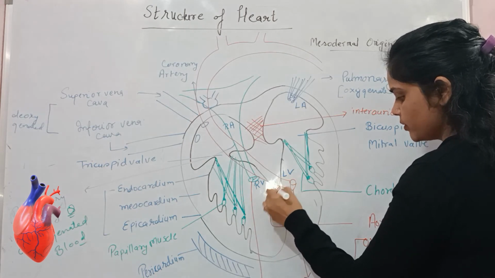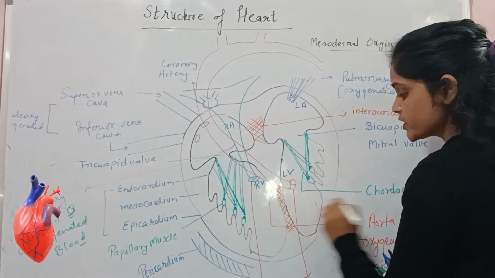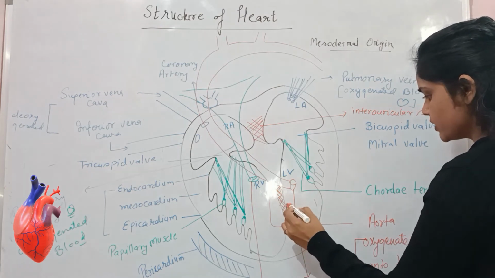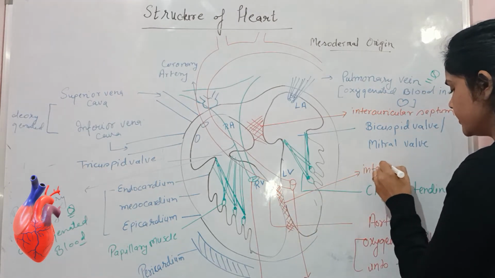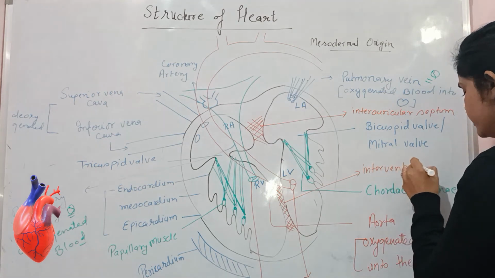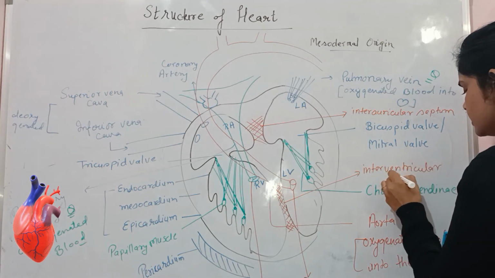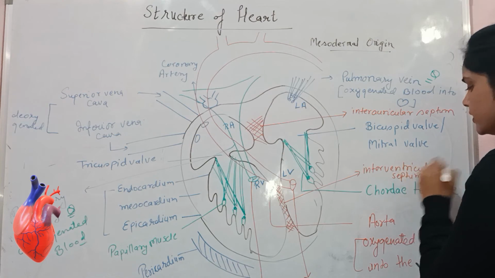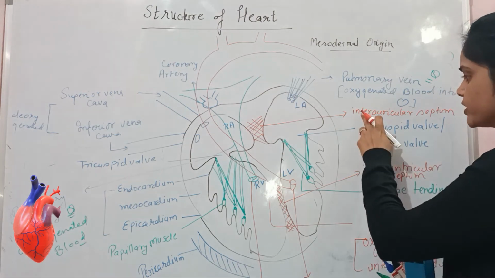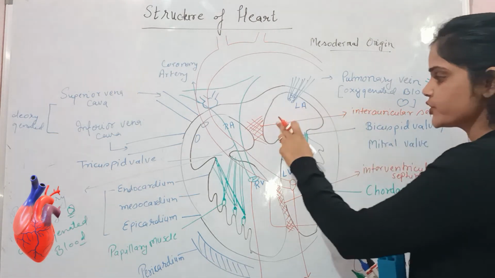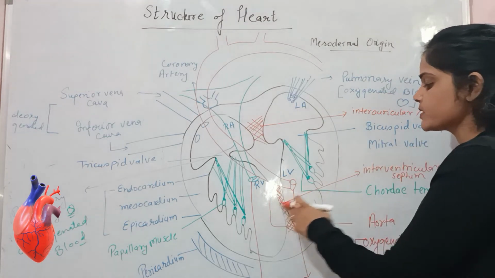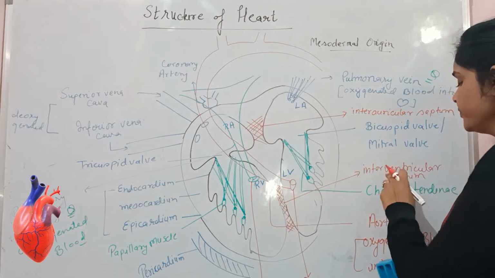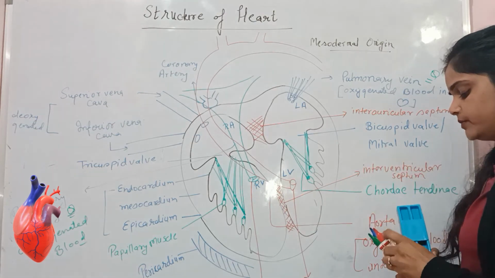And if I talk about a septum which is present in the ventricle, known as what, the interventricular septum. So the septum which is present between the two auricles is the interauricular septum, and the septum which is present between the two ventricles is known as the interventricular septum.